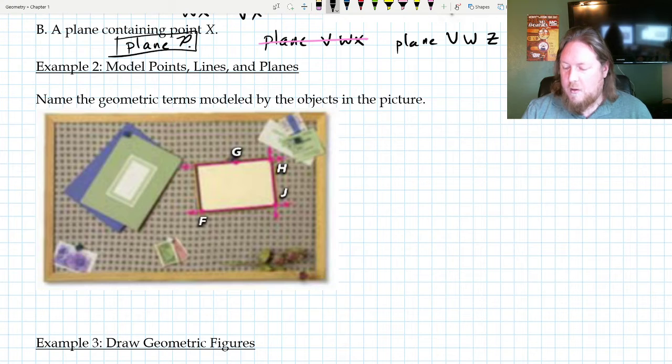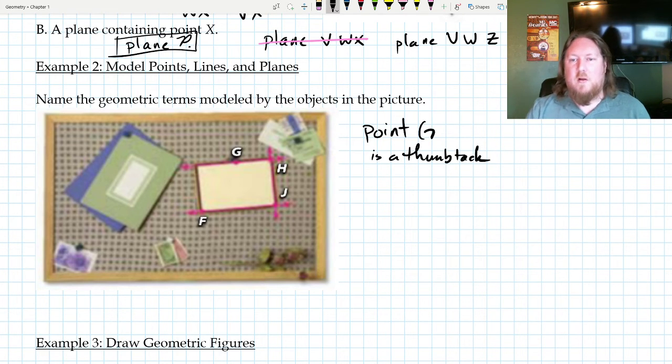So, point G is a thumbtack. It's holding that piece of paper on the little piece of corkboard there.